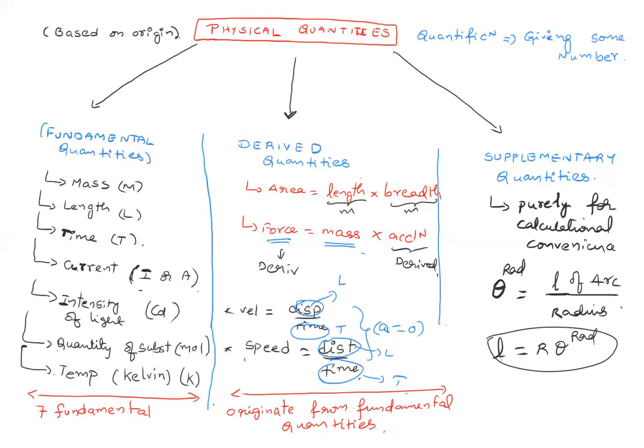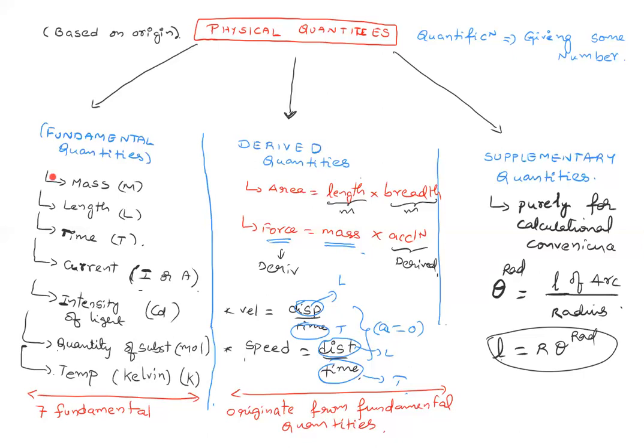So what I've explained so far, the conclusion is that your physical quantities are divided into three categories. First is fundamental quantities, second is derived, and third is supplementary quantities.